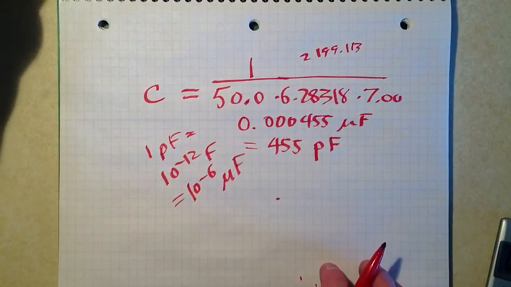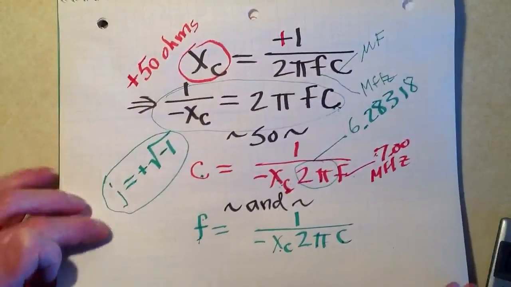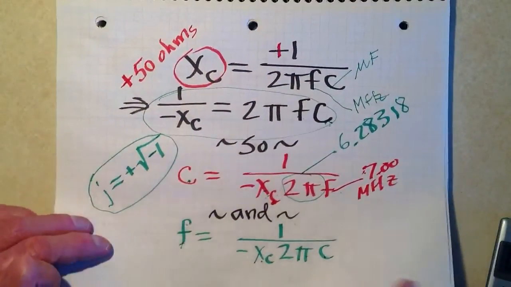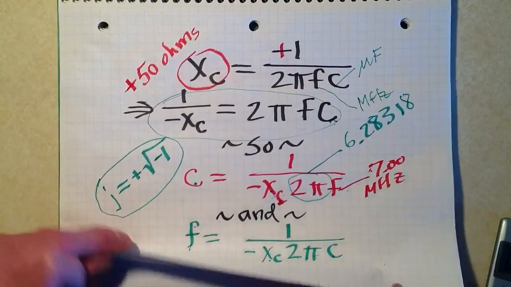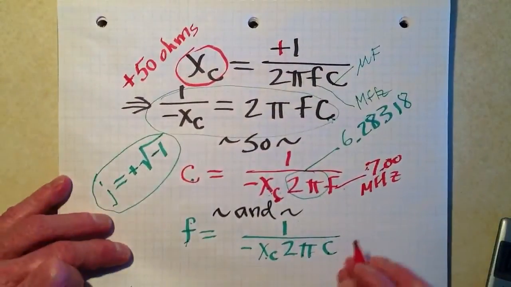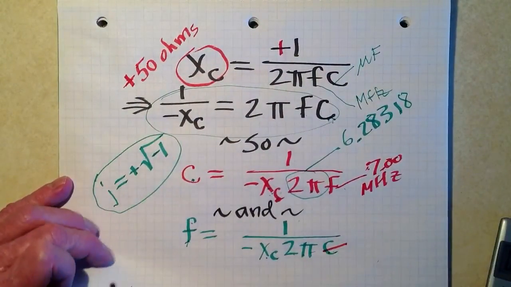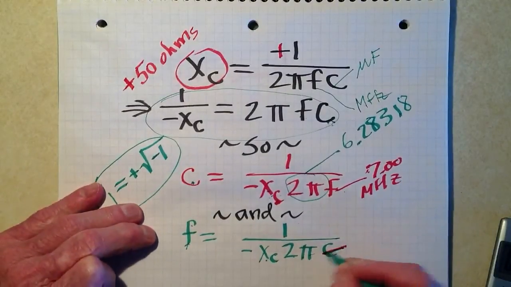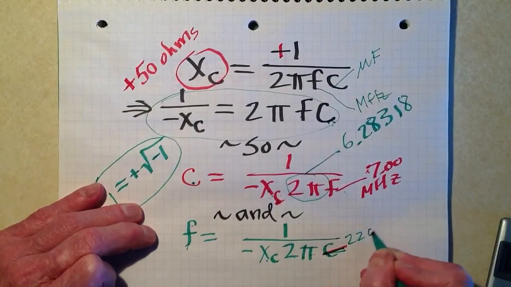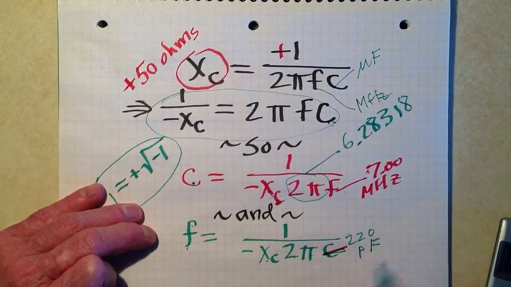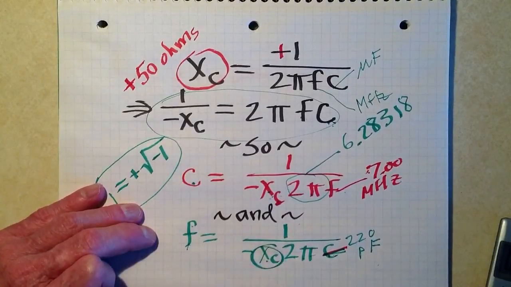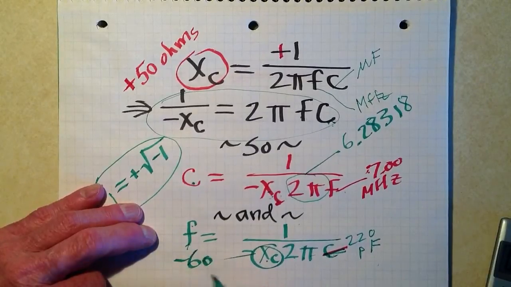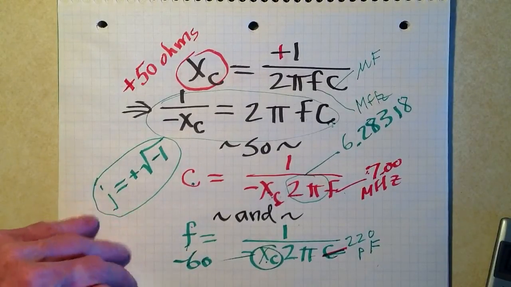All right. Well, I think that you can probably manipulate this easily enough for yourself to figure out frequency, but let's just go right ahead anyway. Suppose that we have a capacitance of, for the sake of argument, 220 picofarads, and we want the capacitive reactance to be minus 60 ohms.